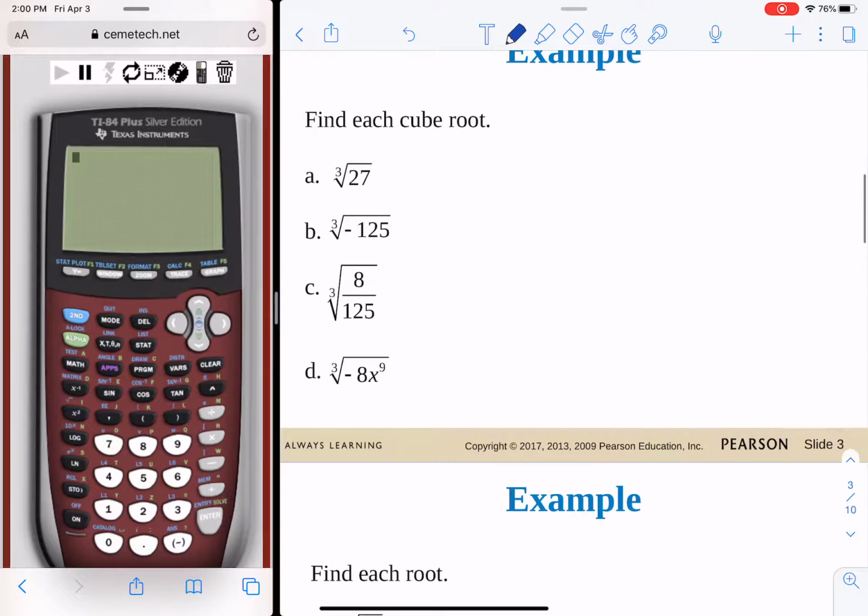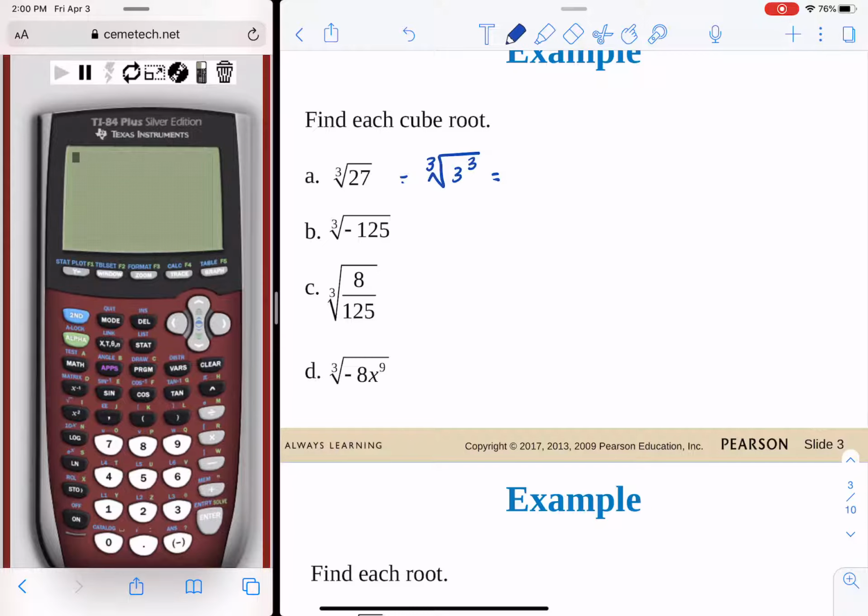So just like with square roots, we wrote the term that is inside the radical as a perfect square. So now when we have a cube root, we want to write the number inside the radical as a perfect cube. So what do I mean by that? We could write 27 as 3 raised to the power of 3.